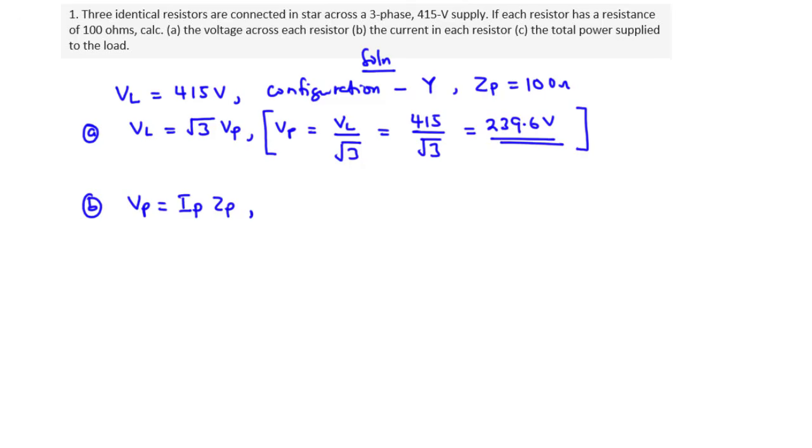Therefore, the current in each phase is equal to Vp divided by Zp. That is 239.6 divided by 100 ohms, and then we have 2.396 amperes.